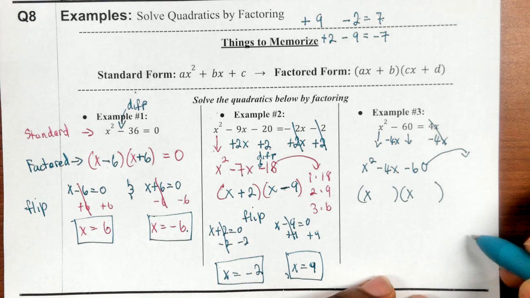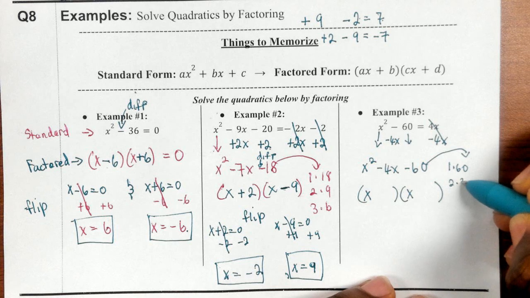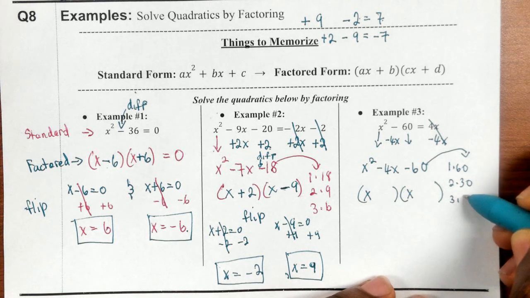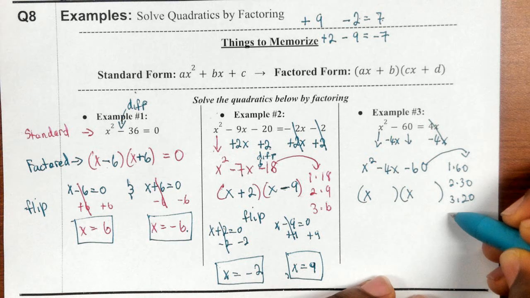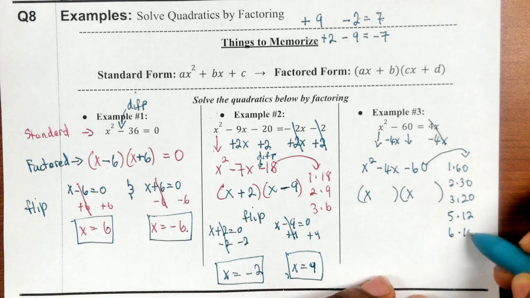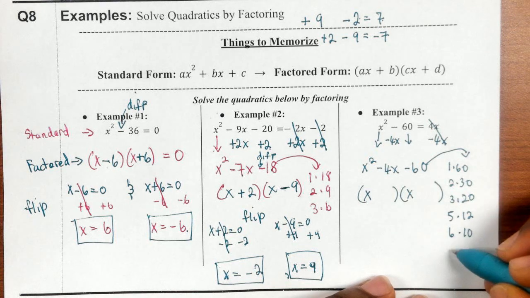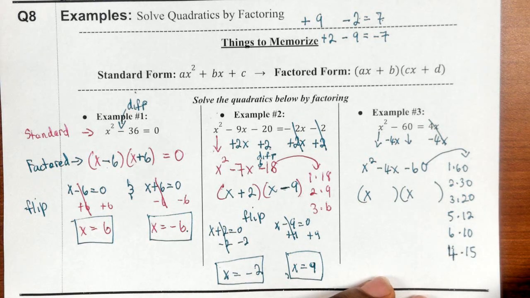Now I'm going to find all the numbers that multiply to give me 60, which is 1 and 60, 2 and 30, 3 and 20, 4 does not work, 5 and 12, right? 6 and 10, 7 doesn't work, alright, and then there's 12 and 5, and there's 15 and, actually 4 does work, 4 and 15, so I almost forgot that one, right?